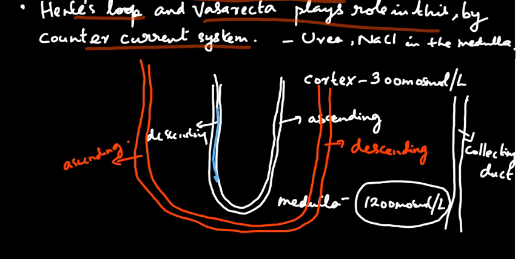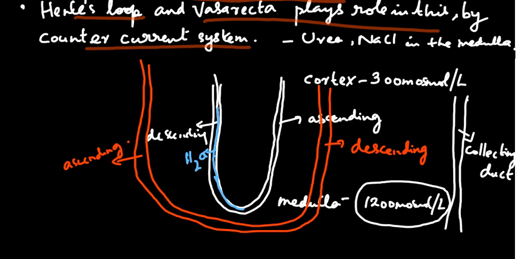So the water will move outside. Here the water can move outside, but these electrolytes are not permitted to move outside. So here the filtrate will be concentrated as water has been removed and has come towards the interstitium.